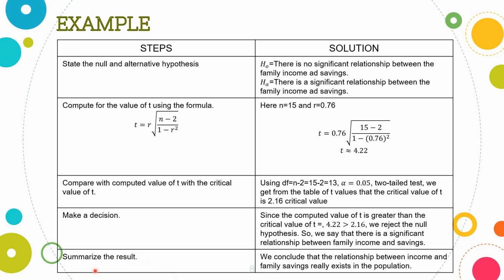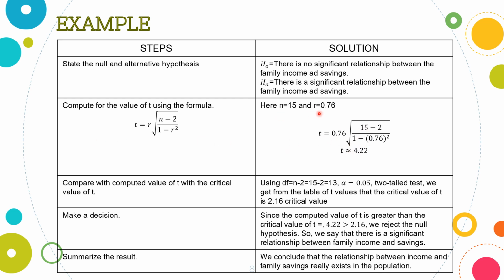So, we now summarize the result. We conclude that the relationship between income and family savings really exists in the population. So, this is the step on how we test the significance of R. Of course, in here, we got it easily, class, because the value of R is given.